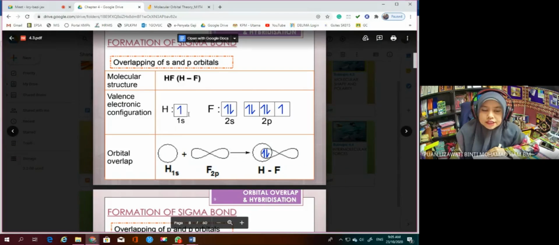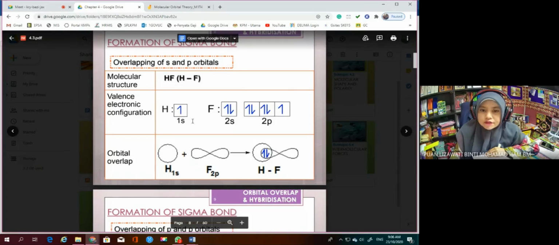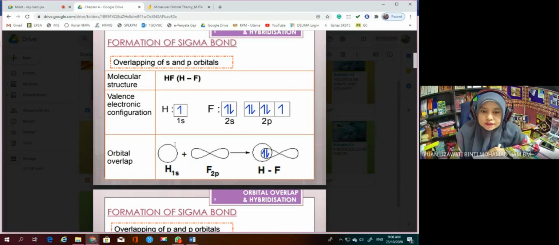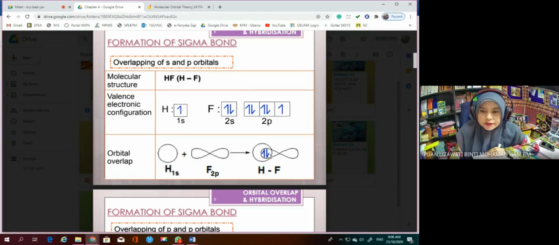So H has to share one electron, F also has to share one electron, at the empty region, here empty in 1s, and this empty in p. So they have to overlap. The 1s orbital overlaps with 2p orbital, so it will form sigma bond. In the overlapping area, you have to draw arrow up and arrow down to show the electron spin.